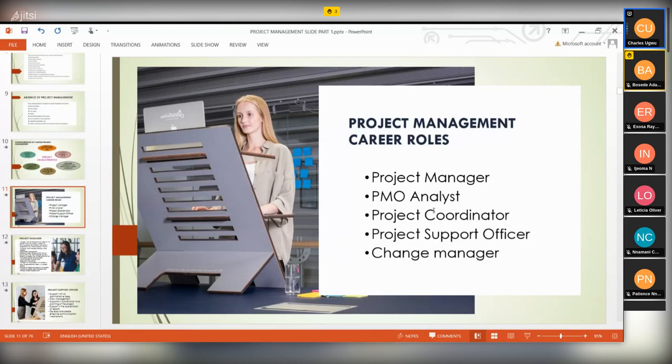We have a project coordinator. A project coordinator is not a project manager. They coordinate things for the project, like in large companies such as Microsoft and Google. A project manager cannot do everything. You might have a big project, and tracking it is not easy.